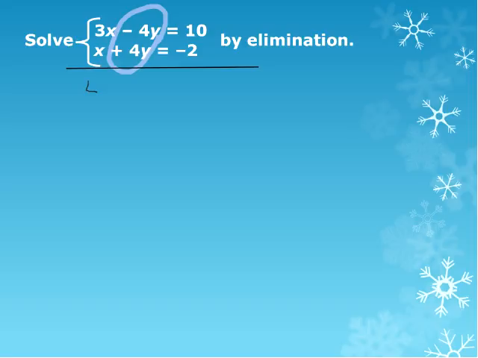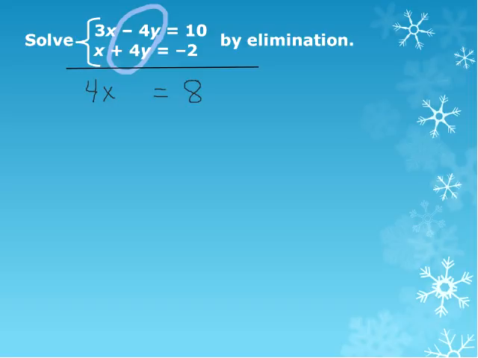That's our 4x. Notice that the y's go to 0. That's what we wanted to happen. -4y plus 4y is 0. But then what is 10 plus -2? Or 10 minus 2? An 8.